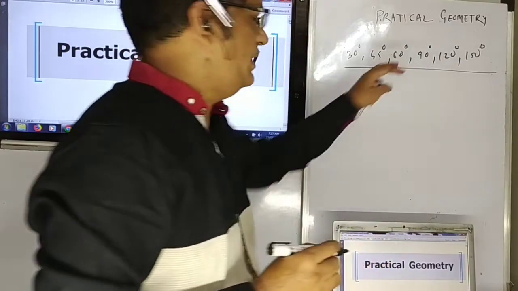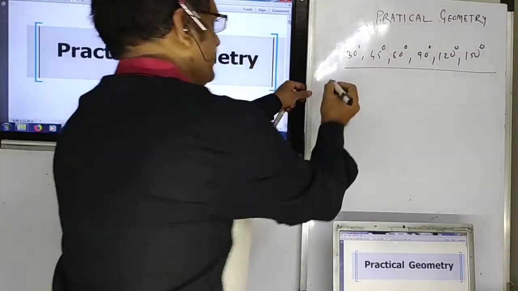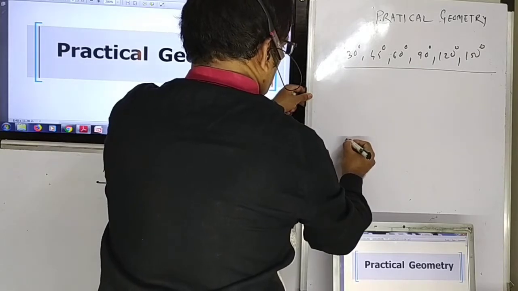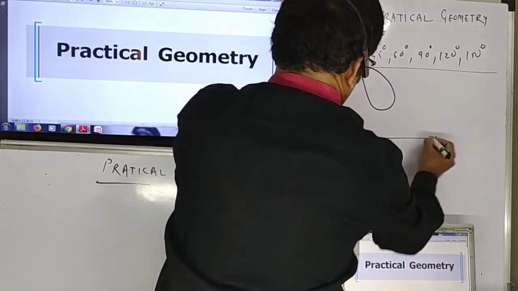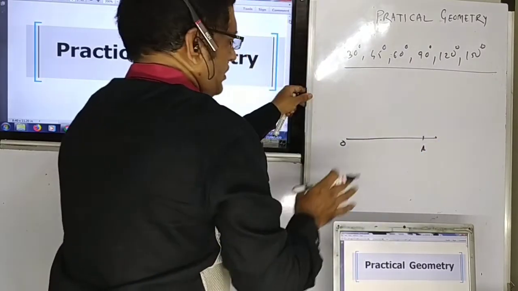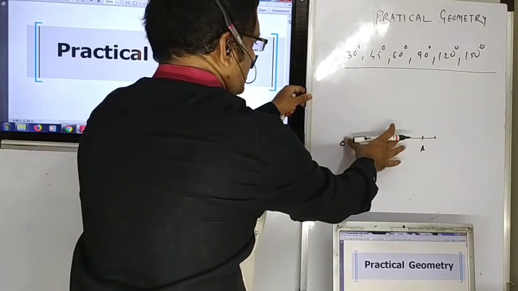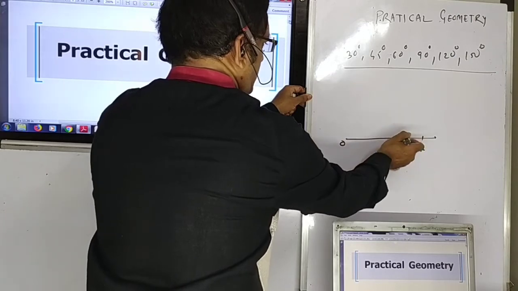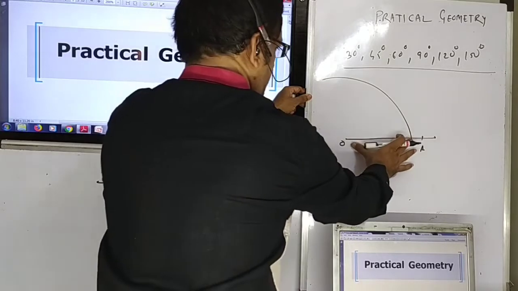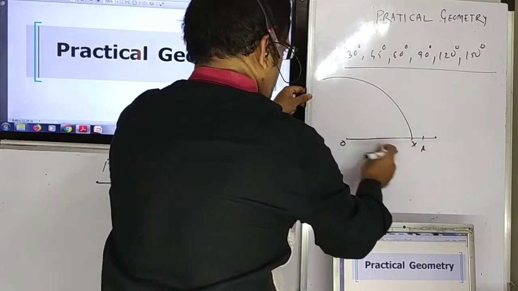Now let us first find how to construct the angle 60 degree. To draw 60 degree, let us say this is one ray, OA. Take sufficient distance in the rounder and put the metallic end of the rounder at O and draw one arc. Now the length of the arc is this much, say OX.